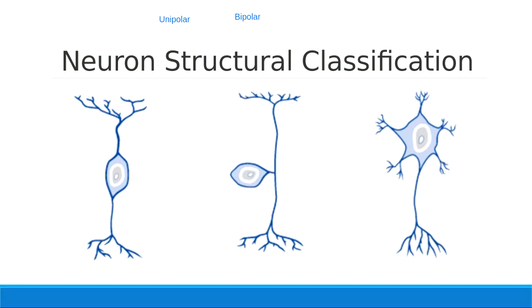Each of these words includes this ending part, polar. That's kind of a tip-off for you. The word polar basically means the number of things that come off of the cell body of a neuron.